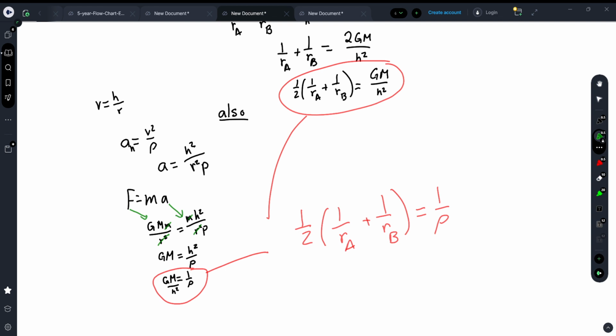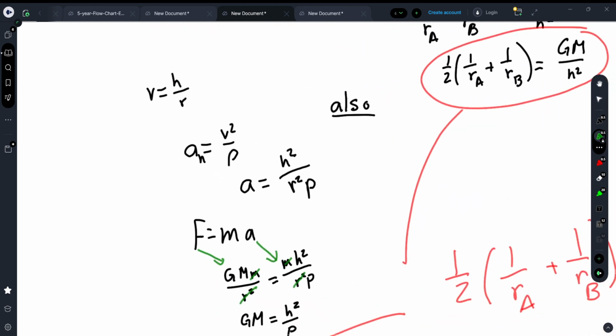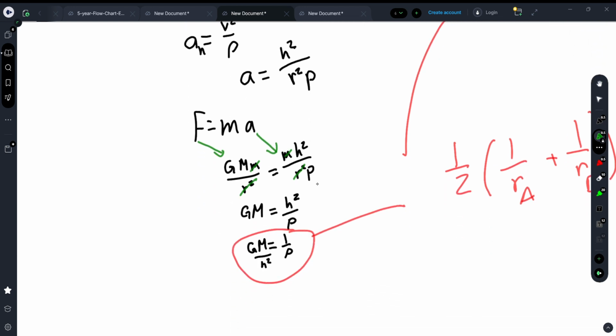Now the other half. So we're trying to get it to equal this, right? The other half is just substituting equations. So we have v equals h over r, and we have a equals v squared over rho. So if we sub this in for my v, then we have a equals h squared over r squared rho. So then when we have F equals ma, for a, let's sub this in here. And for F, let's use that gravitational force equation.